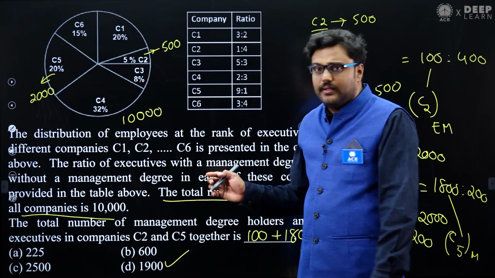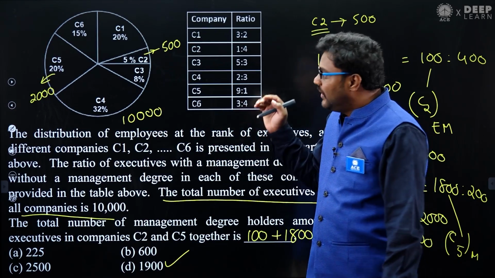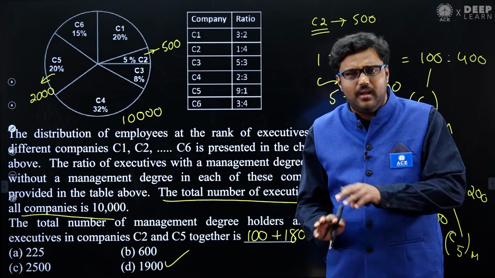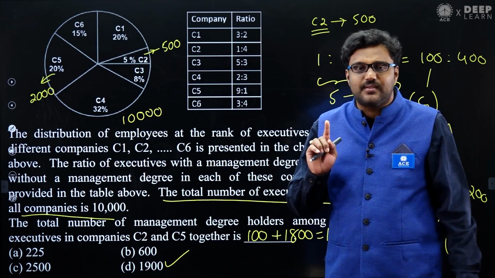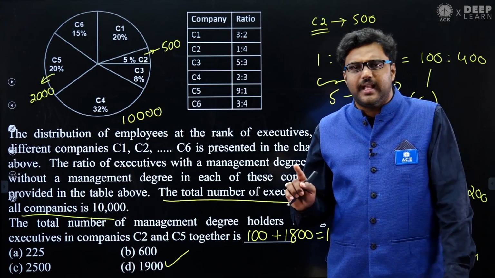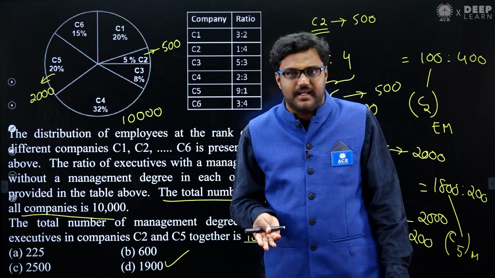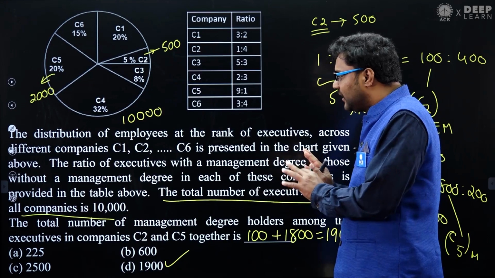So this is a question related to data interpretation. Two diagrams are given, a pie chart and a table. Don't do all the calculations. What is required for us? Because they'll ask only one question. It's not like other competitive exams where they give two diagrams and there are many questions related to that. But here they'll ask only one question. So you just try to collect the data that is required.